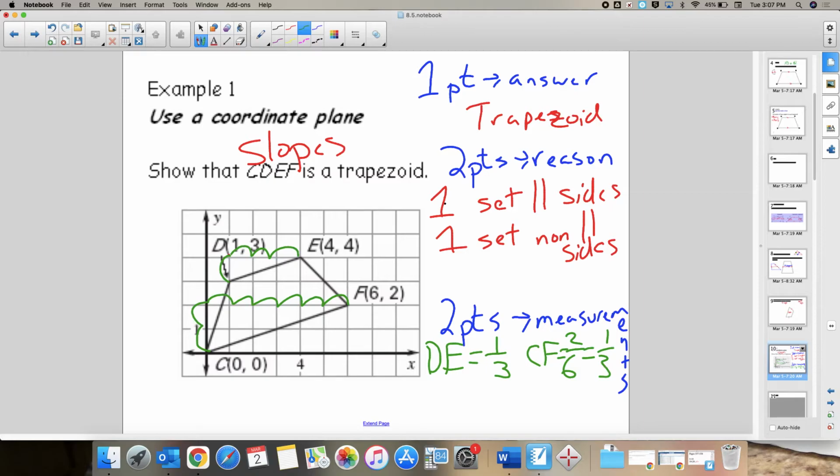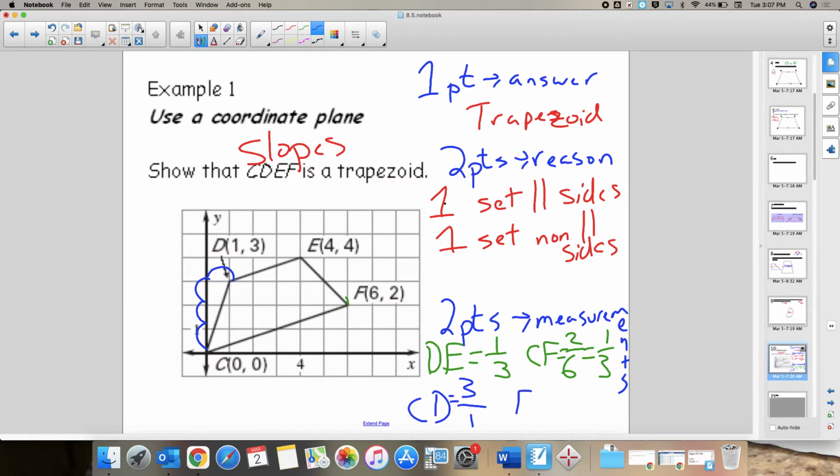I also need one set to be non-parallel. So looking at the slope of CD, it has a rise of 1, 2, 3, and a run of 1. 1 over 3, 3 over 1, those are not perpendicular slopes. That's not a right angle because those are not opposite reciprocals, but they are reciprocals of each other.